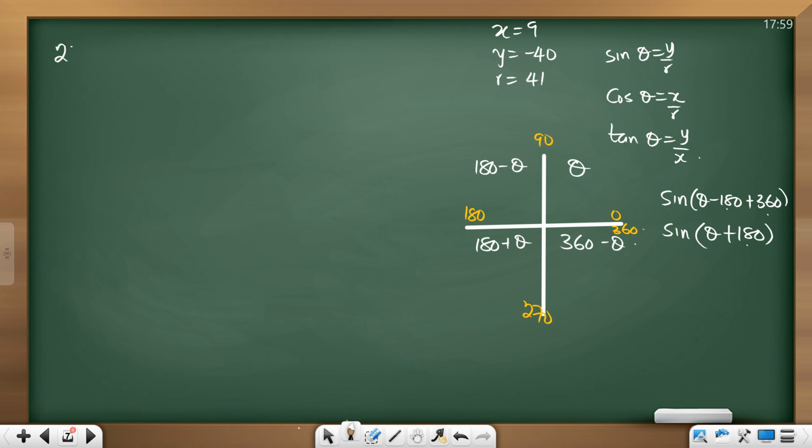What do we have? 27 tan theta minus cos. Oh, brilliant. Do you know we can get our tan theta already? What is tan? Y over x. What's our y? Negative 40. What's our x? 9. Minus. Let's reduce cos 90 minus theta.